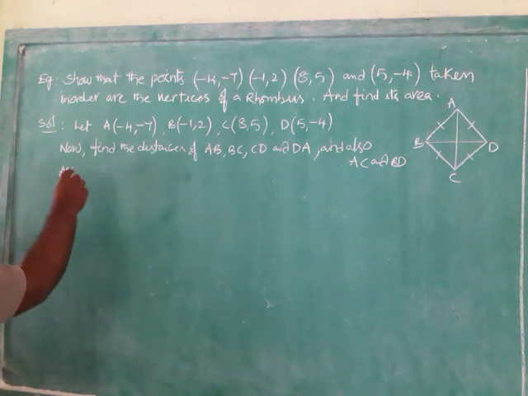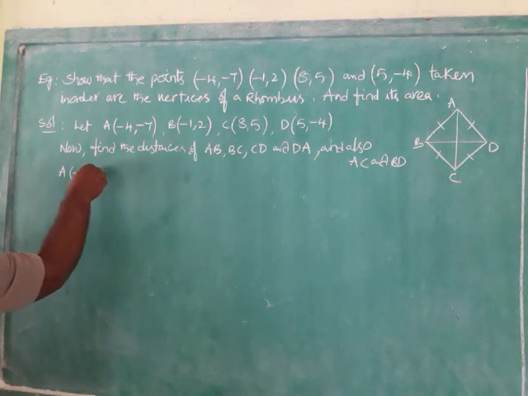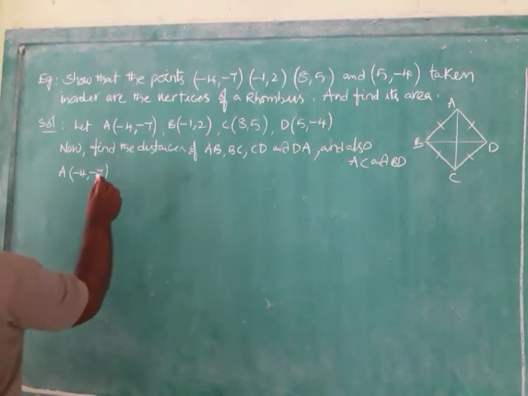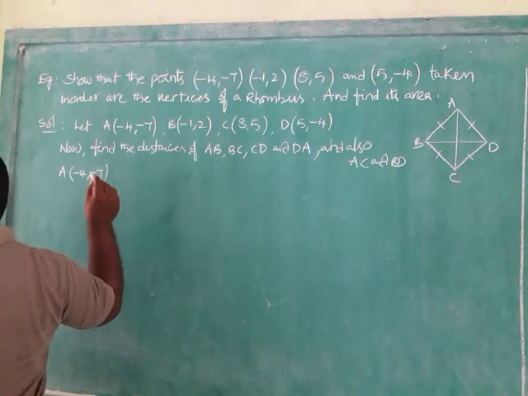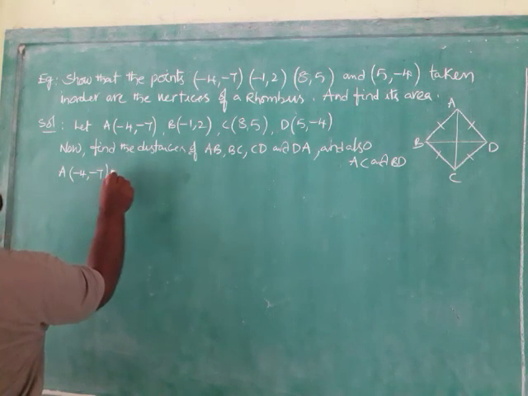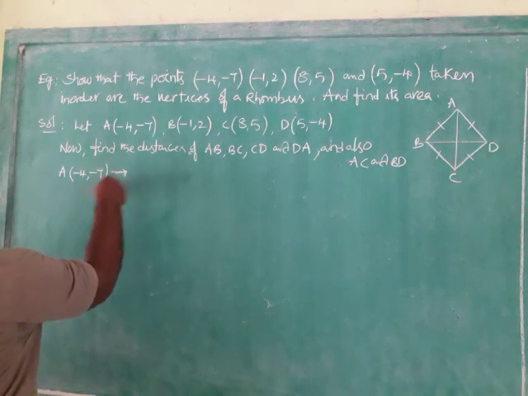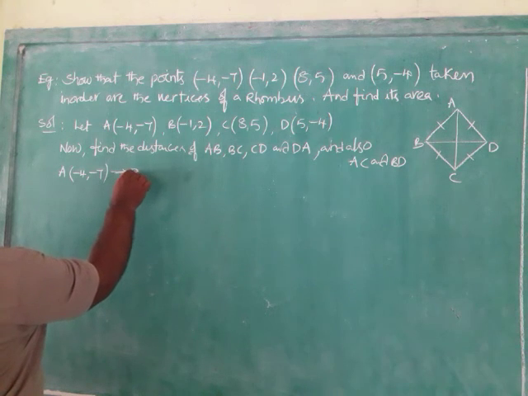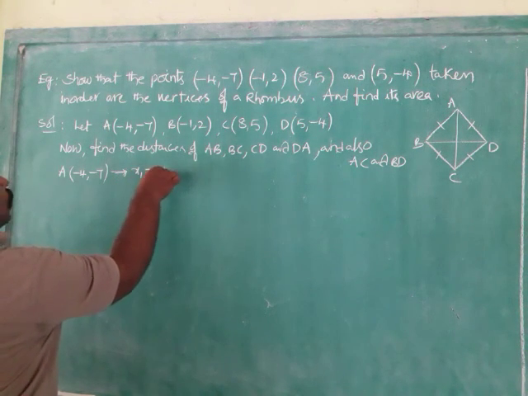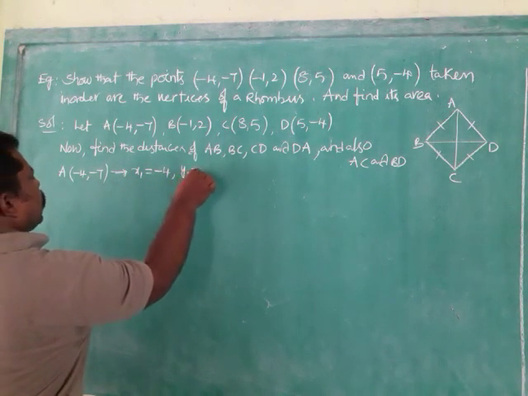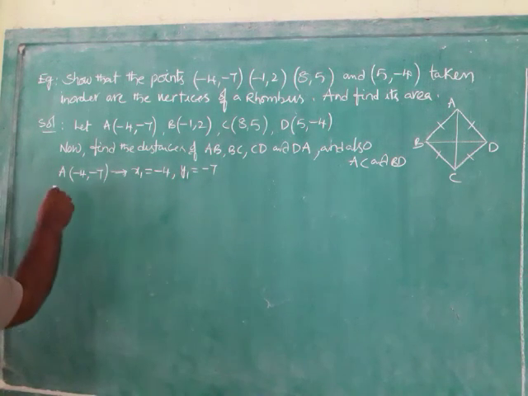A is minus 4 comma minus 7, so x1 is equal to minus 4, y1 is equal to minus 7.